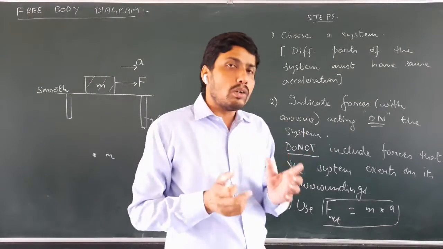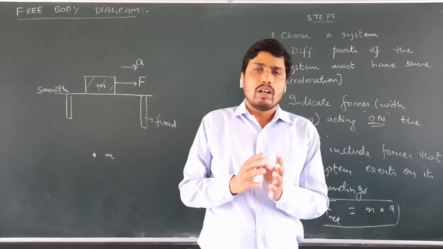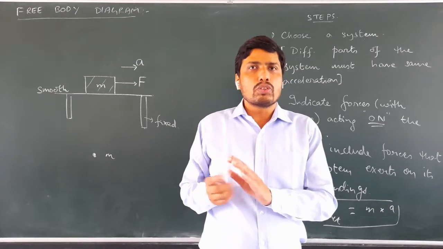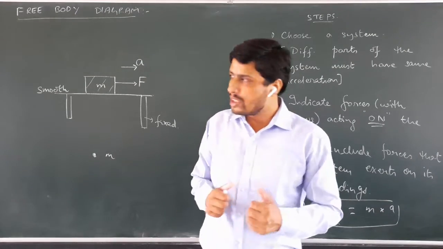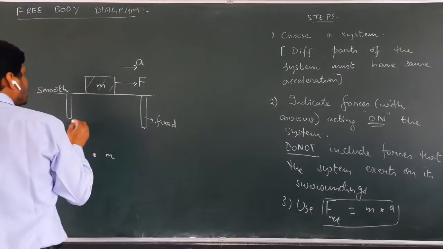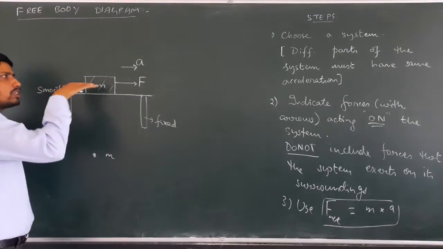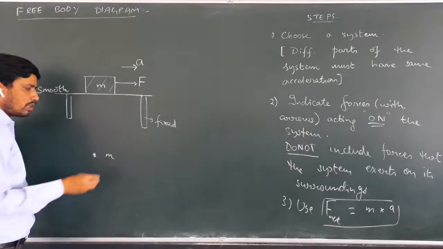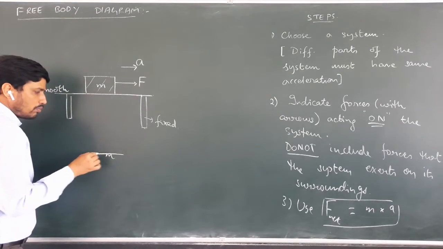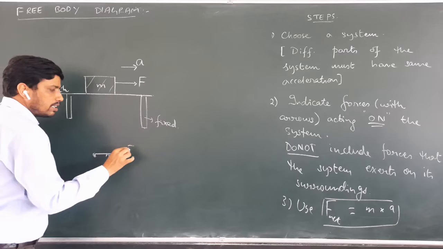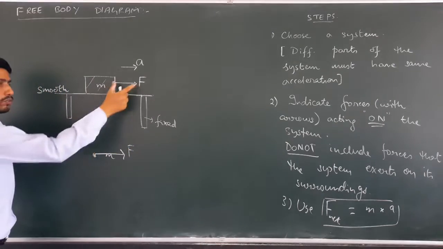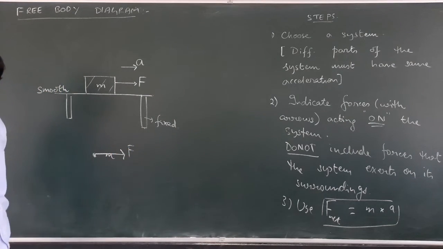You think of the agents which are exerting force on this block. Can you guess? The first force that comes to our mind is this F. Somebody is pushing this block with some force F. So there is a force F towards the right. In the diagram, we will represent this force with the help of an arrow.